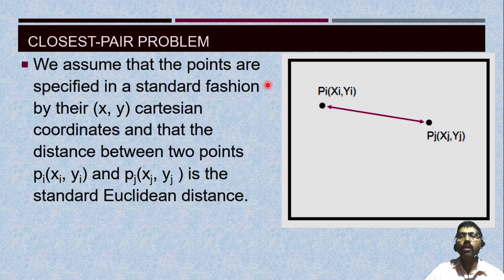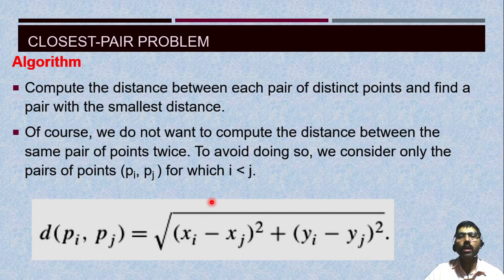To work this algorithm, first I have to identify the distance between Pi and Pj. That can be done by the Euclidean distance formula, which is like this.